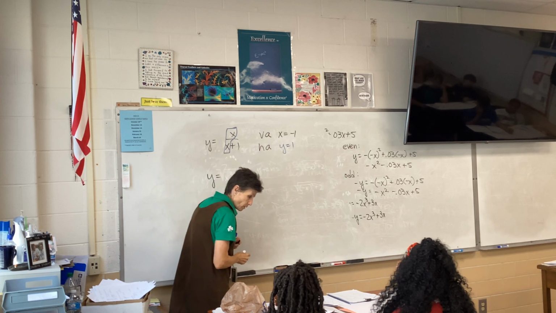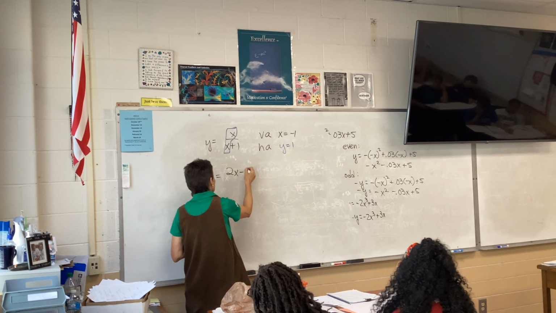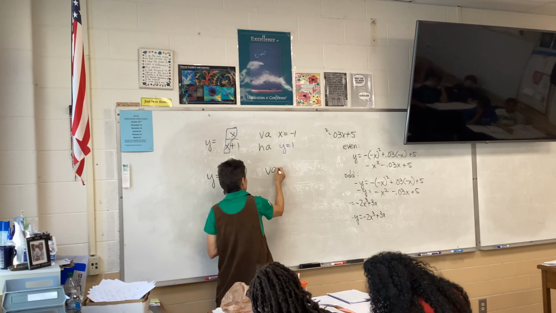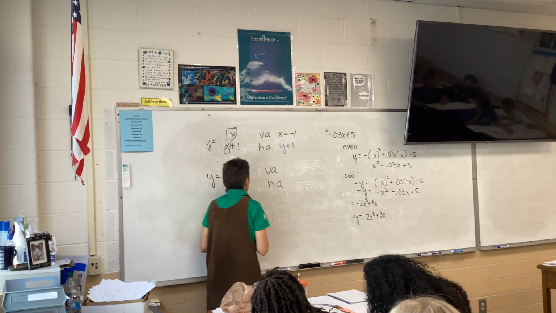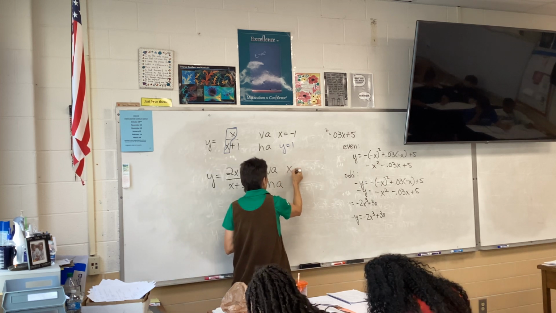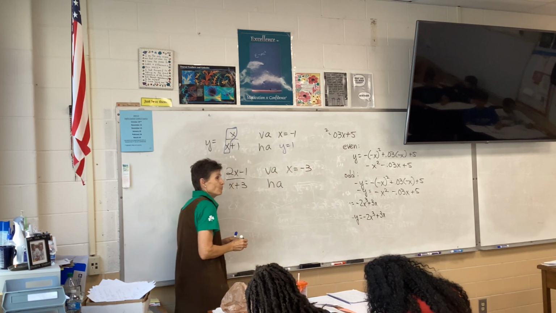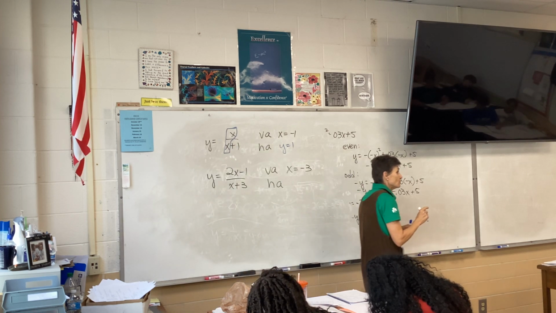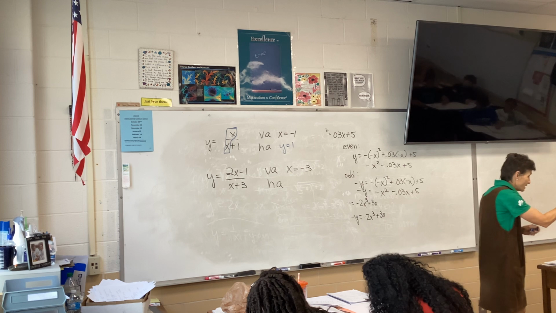So let's look at the next one. 2x minus 1 over x plus 3. All right, tell me about a vertical asymptote. x equals -3. Make a note of this if you can't remember: vertical asymptotes come from the denominator.